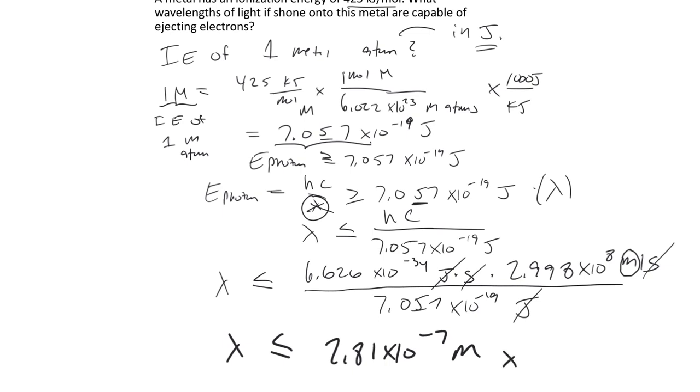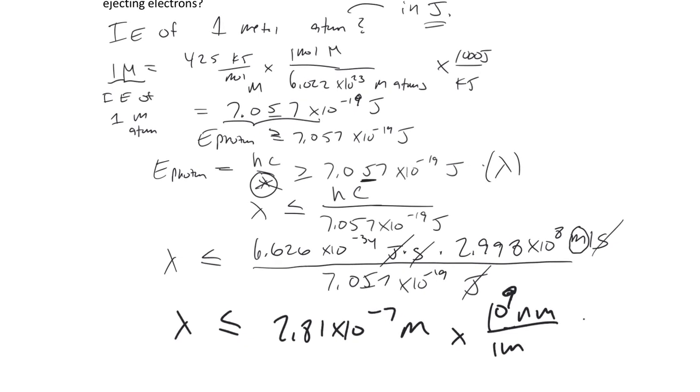And then I'm going to convert to nanometers, because we tend to think of light in this region, which is going to be in the UV, in the nanometer range. And so 1 meter is 10 to the 9 nanometers, so a lot of nanometers in the meter. That gives me 281 nanometers.